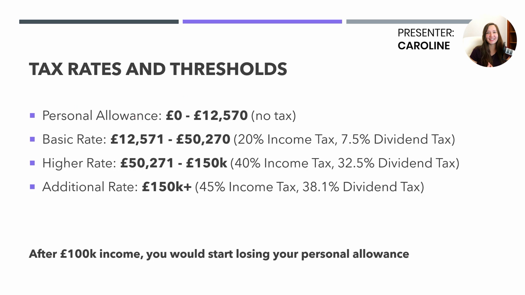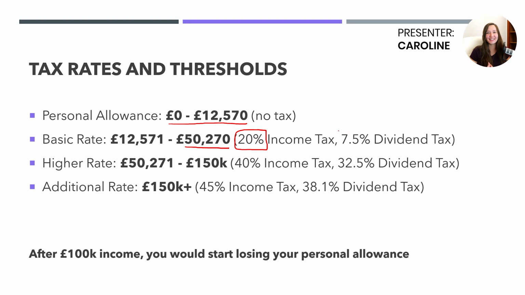So again, the personal allowance with no tax runs from 0 to 12,570. The basic rate obviously starts £1 higher than that and ends at 50,270. And the tax on this is 20% for income tax, and this is generally earned income, like salary, self-employed income, income from property, things like that.